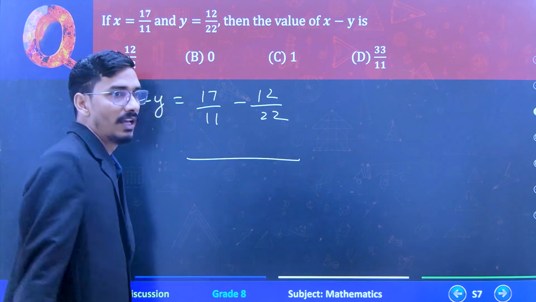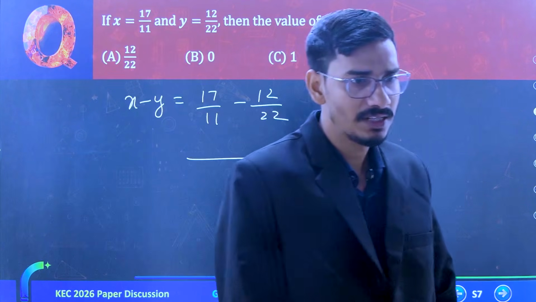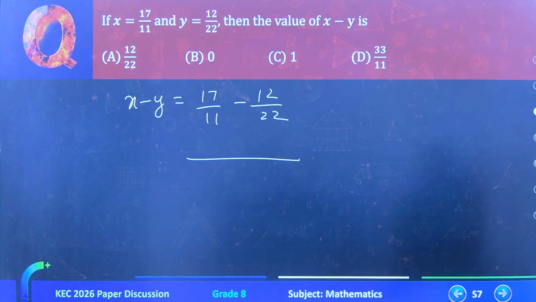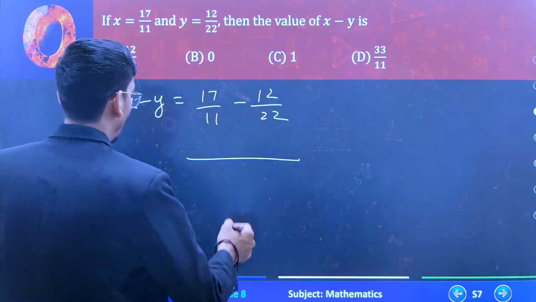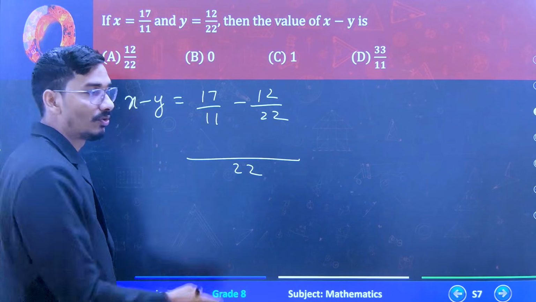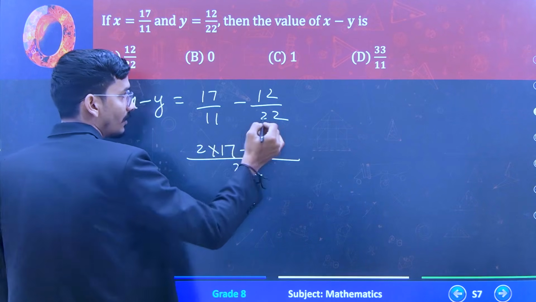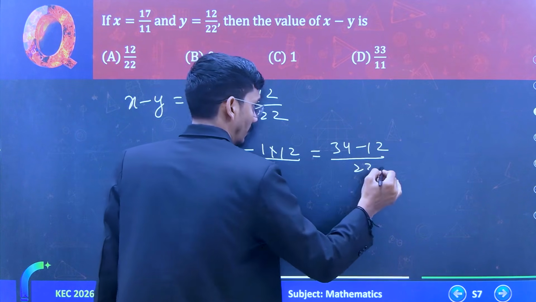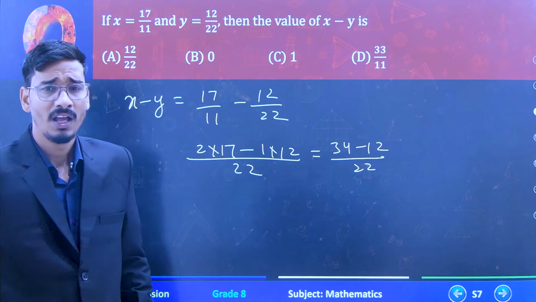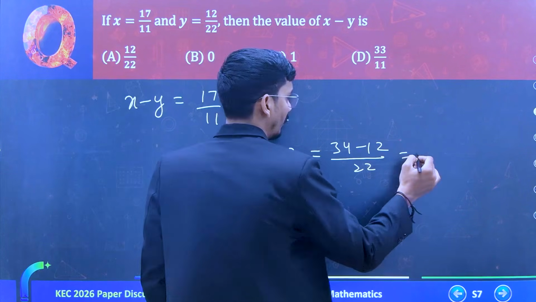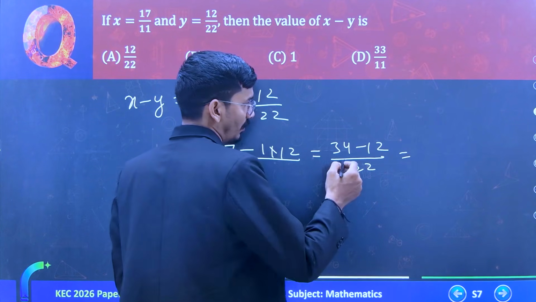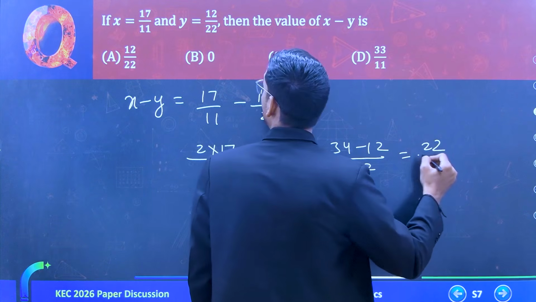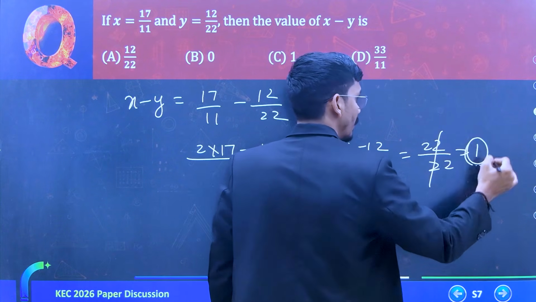What is the LCM, beta? 11 and 22. The LCM is 22. 22 divided by 11, we are getting 2. 2 into 17 minus 1 into 12. 34 minus 12 upon 22. 34 minus 12, beta, it's 22. 22 divided by 22, cancel, how much? 1.